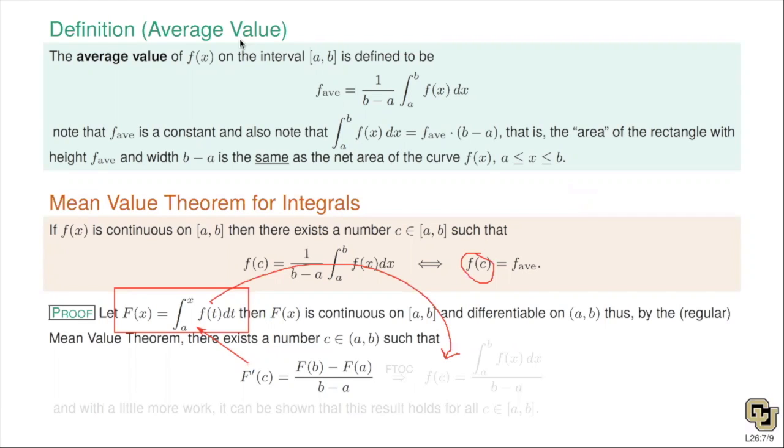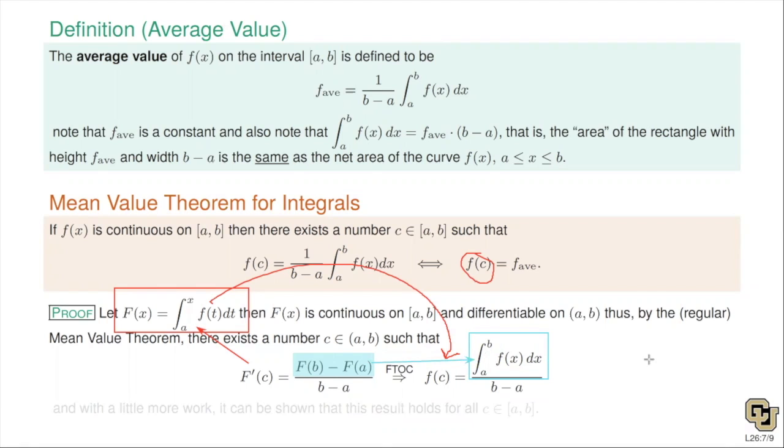And one last comment to finish the proof. F of b minus F of a, again, fundamental theorem of calculus tells us that equals the integral from a to b of little f of x dx, where capital F is the antiderivative of little f. So this numerator, I can write in integral form this way.